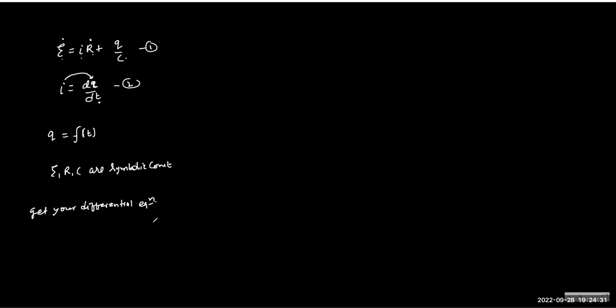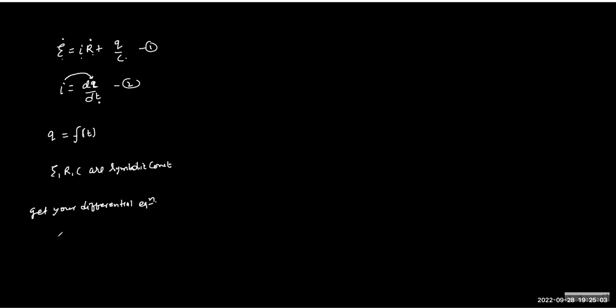So how to get your differential equation? Because we know only I is a differential. Differential equation means there must be some dy by dx term in the equation, then we call it differential. And because I can be written in that way, I can say, okay, that is the differential. So to get your differential equation, what can you do?